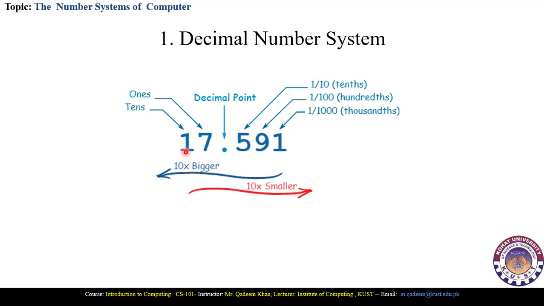For example, this is the tens digit, so 1 multiplied by 10 is equal to 10. Similarly, 7 multiplied by 10 to the power 0 is 7. So this is the representation of decimal numbers by using the most significant and least significant digits.